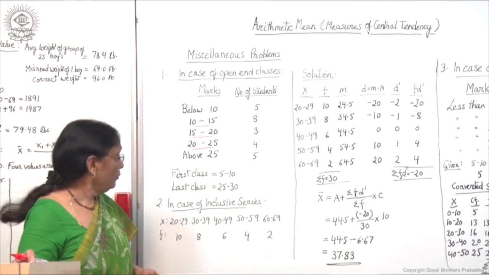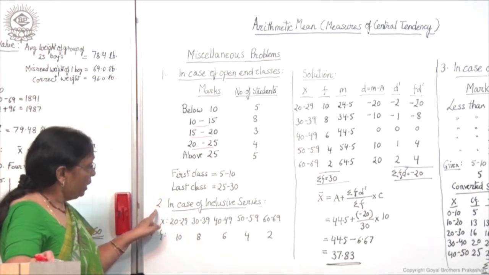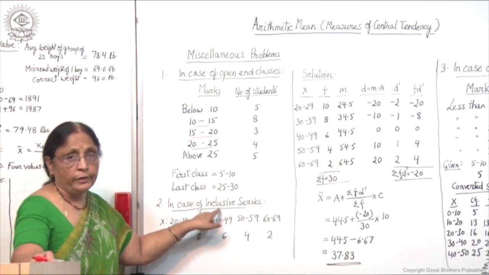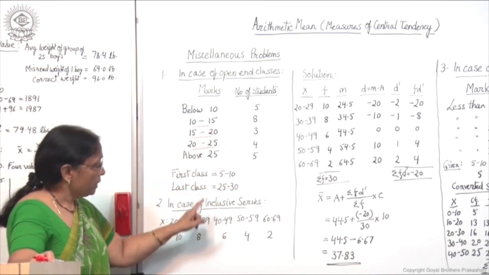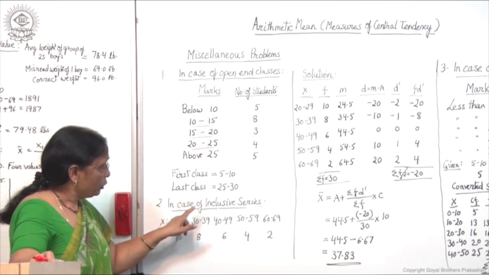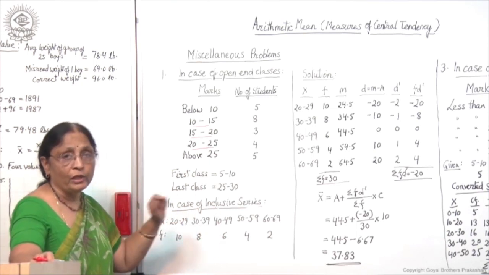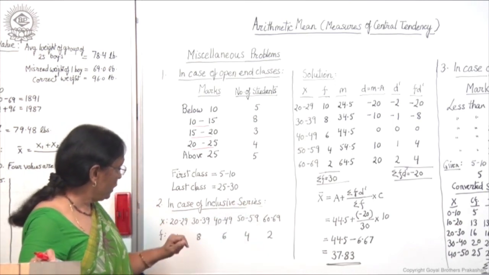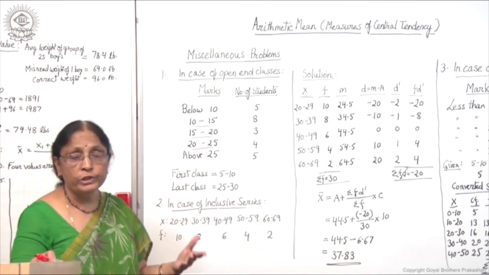So you will take out the midpoint and do the calculation as I told you in the previous lecture. Clear? Now the second problem may be that you get the inclusive series. This was open end class, and second is when you get the inclusive series, then how will you calculate arithmetic mean? This is the case of inclusive series. Now what do you mean by inclusive series?